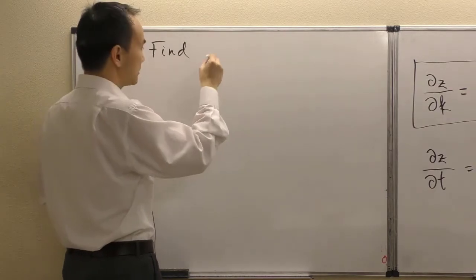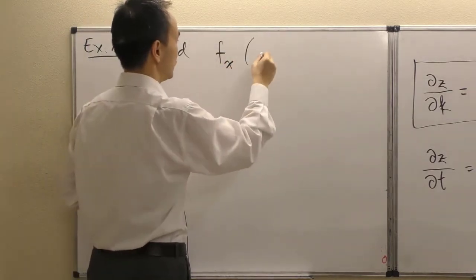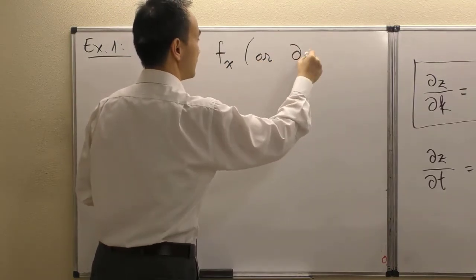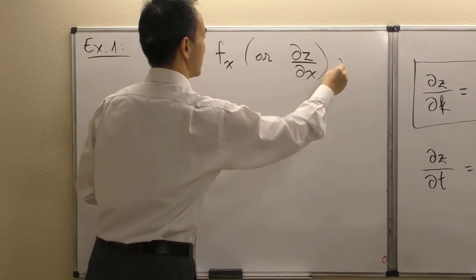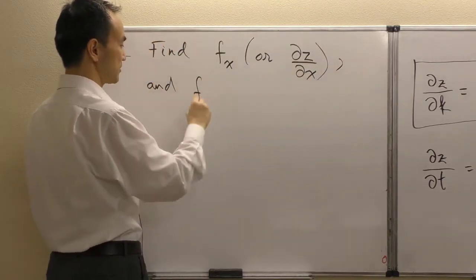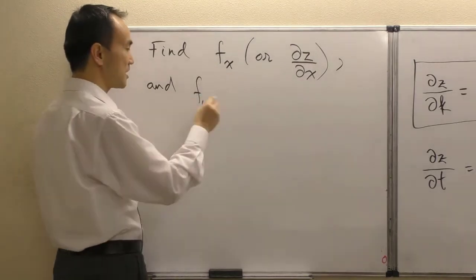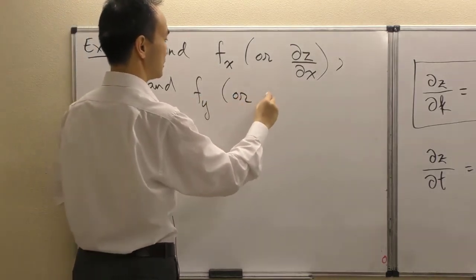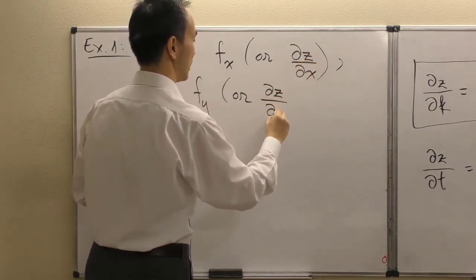All right, so in example 1, let's say we want to find f sub x, or dz dx, and we also want to find f sub y, the partial derivative in terms of y, or dz dy.